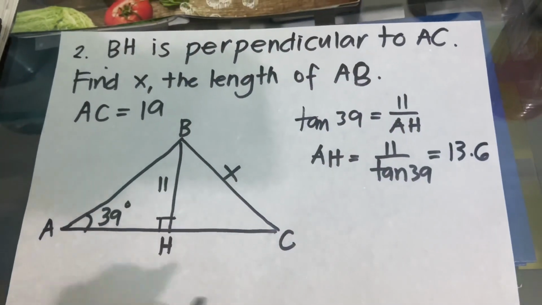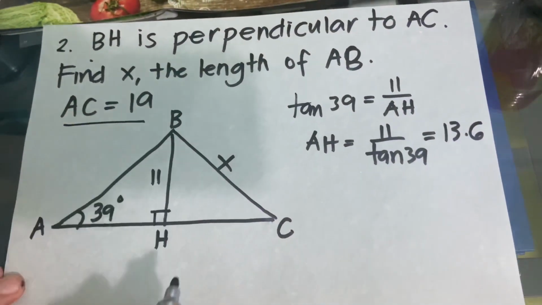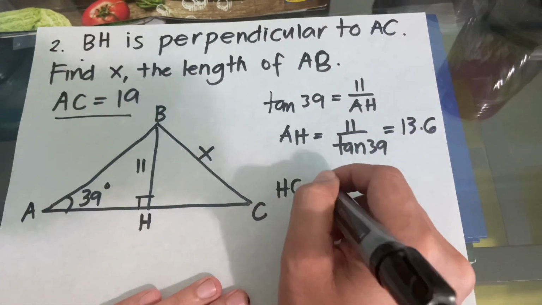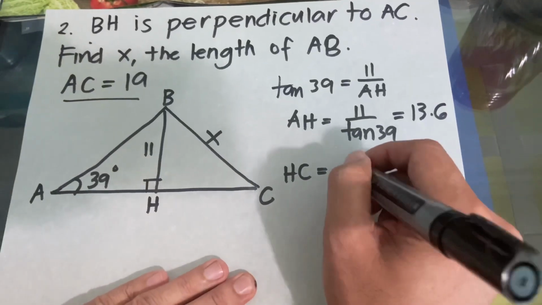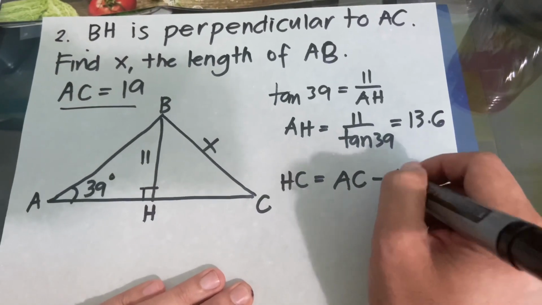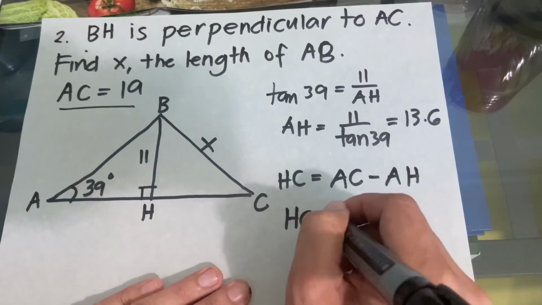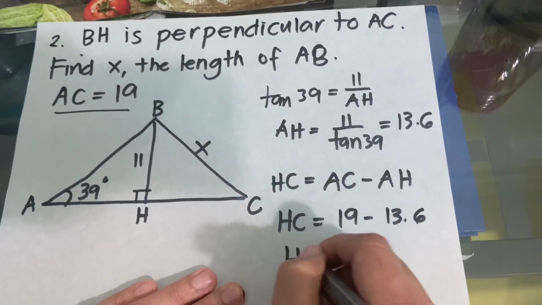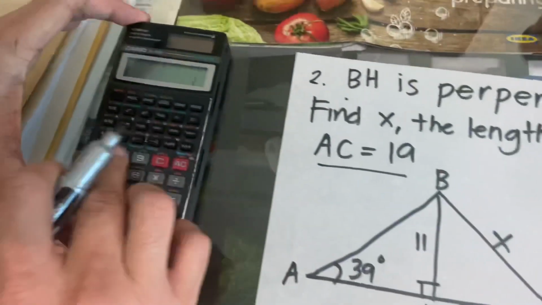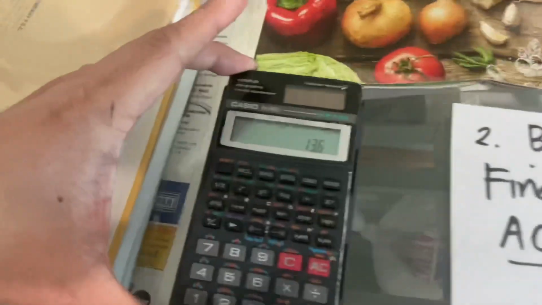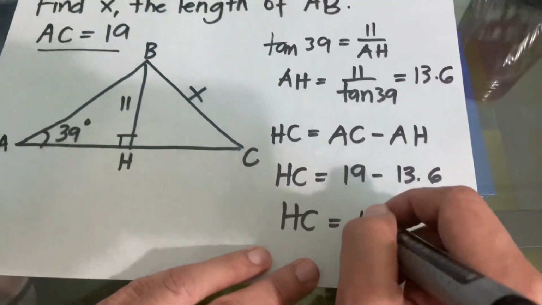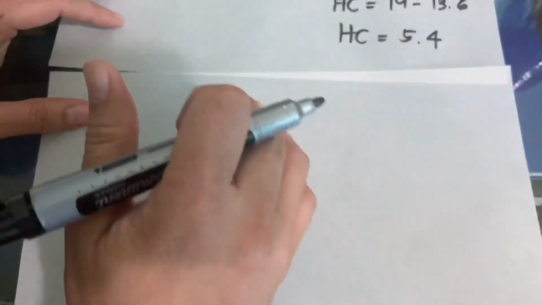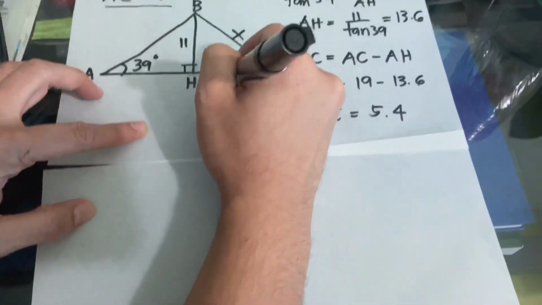Since AC is 19, HC will be equal to AC minus AH. So HC is equal to 19 minus 13.6, which is around 5.4.